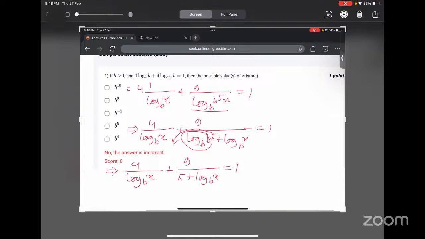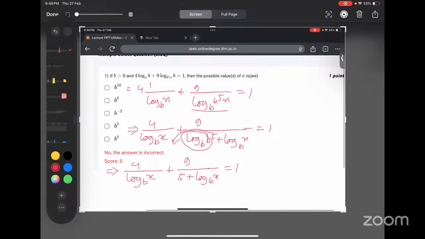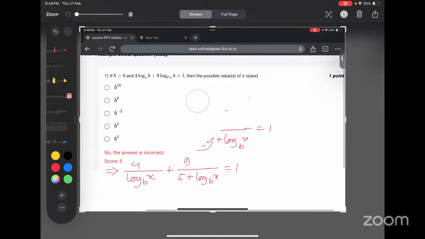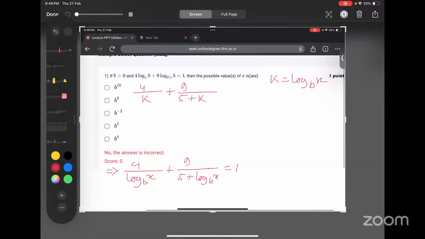Yes. Okay. Then for simplicity, we can take log_b x equals to some number, suppose k. Then we have 4 over k plus 9 over 5 plus k equals 1.